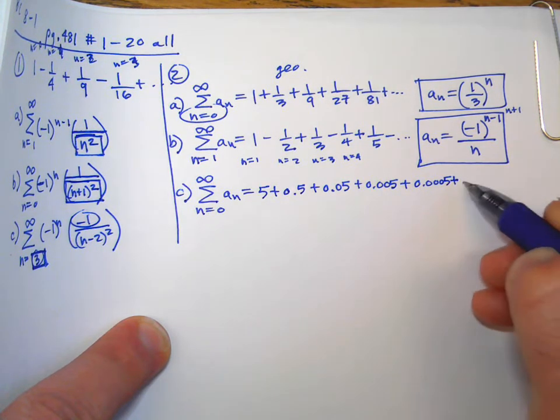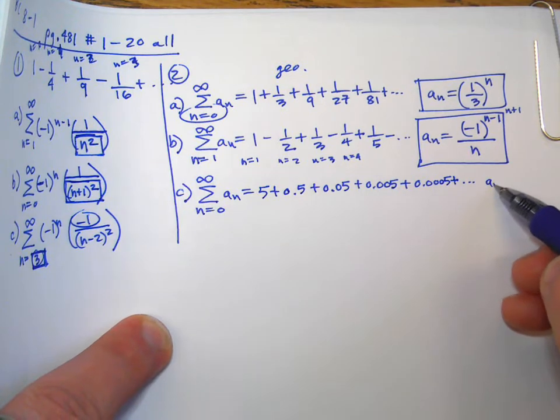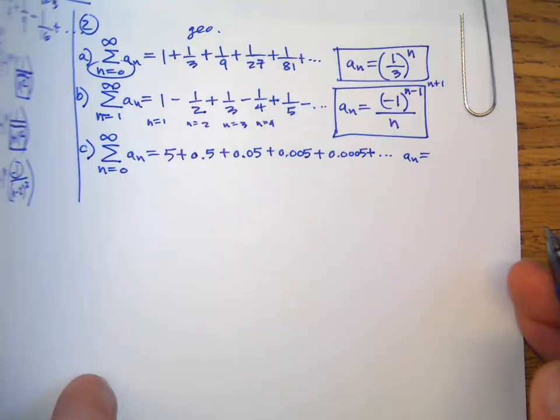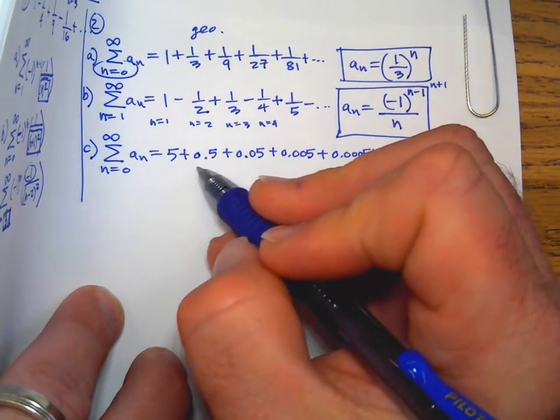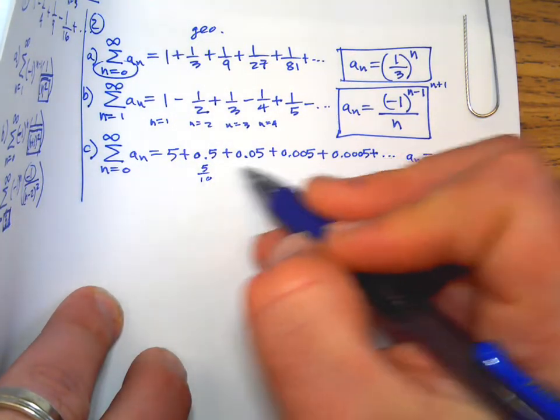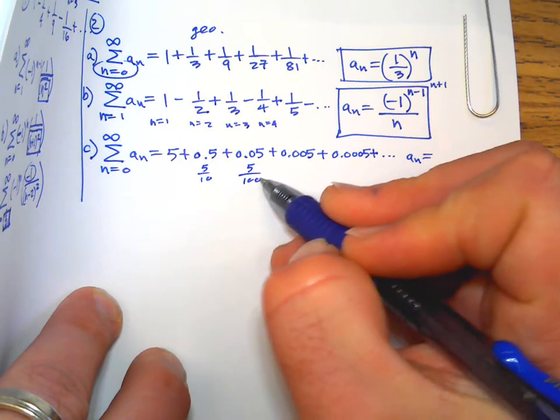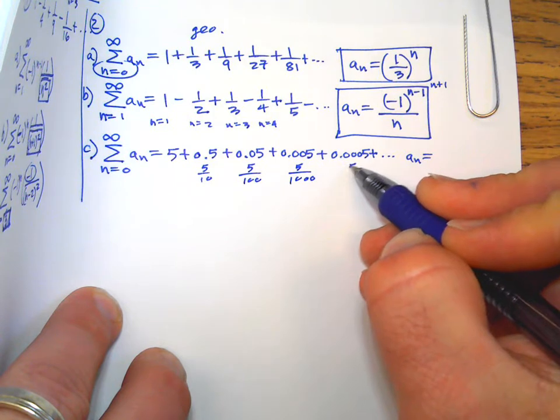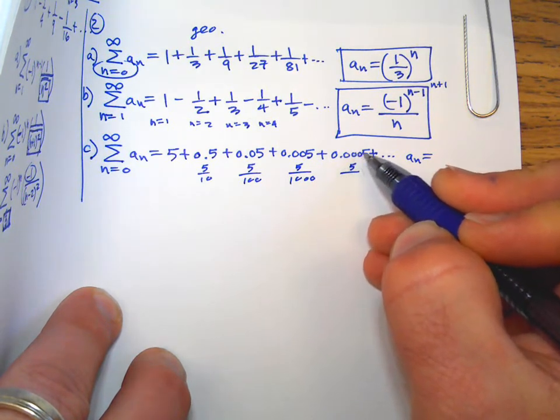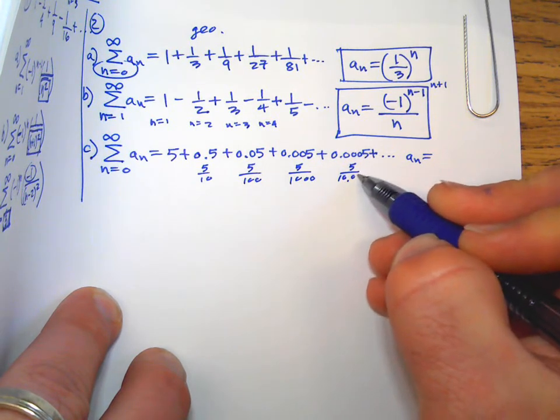So there's clearly a pattern here. I might reinterpret this as 5/10, 5/100, 5/1000. I feel like it might be easier. Tenths, hundreds, thousands, 10,000s.